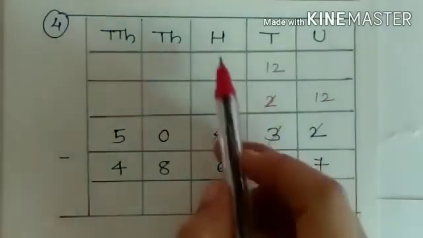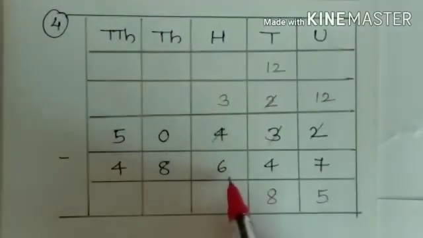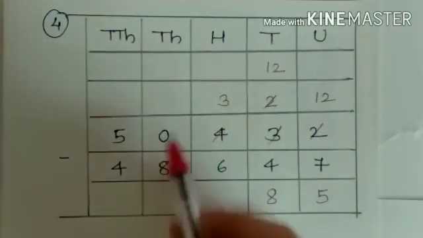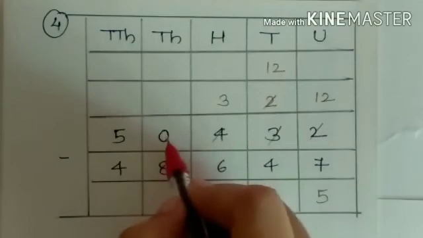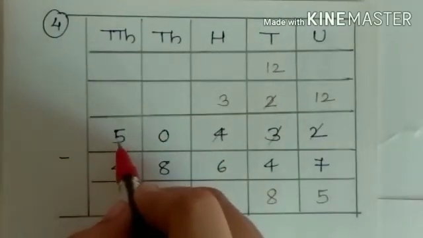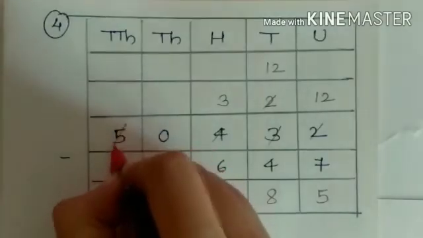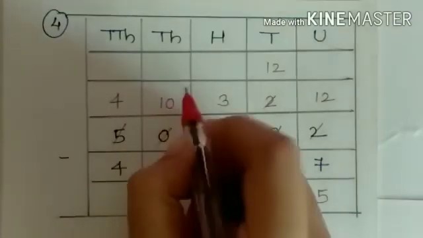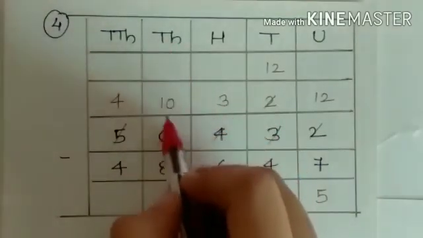Now in the hundreds place, 3 minus 6, as we cannot subtract 6 from 3, we will borrow 1 from the thousands place. Now in the thousands place, there is no number, so we will borrow from the 10,000s place. Now in the 10,000s place, 5 becomes 4 and in the thousands place, 0 becomes 10. Now we can borrow 1 from the thousands place.